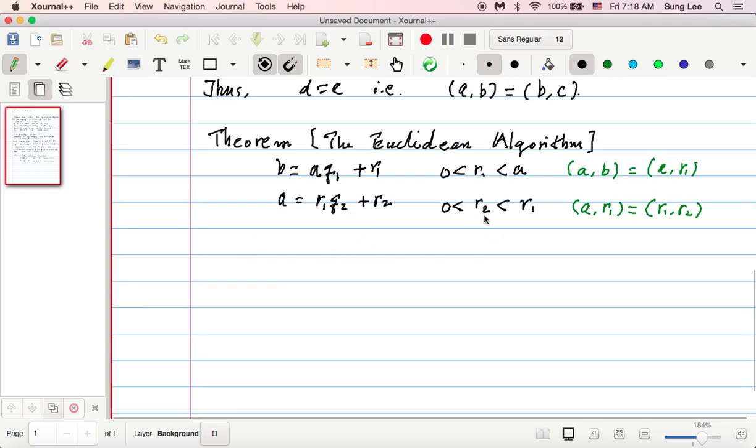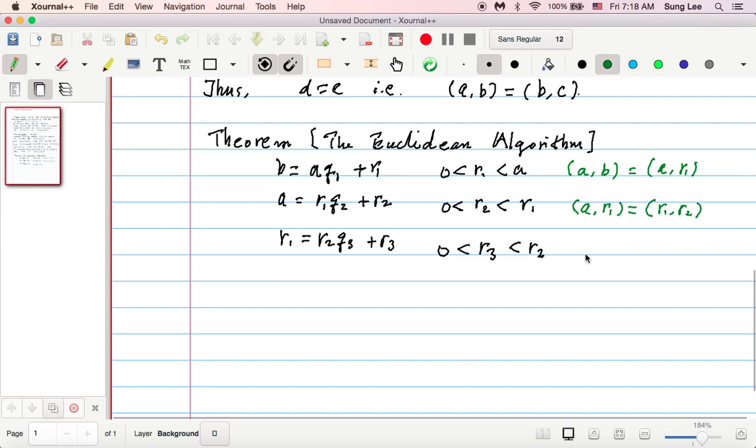Okay, so as long as the process doesn't terminate, we can still continue. So the next step, you can divide R1 by R2. Then there are two integers Q3 and R3, such that R1 is written as R2 Q3 plus R3. Here R3 is strictly greater than 0 and less than R2.